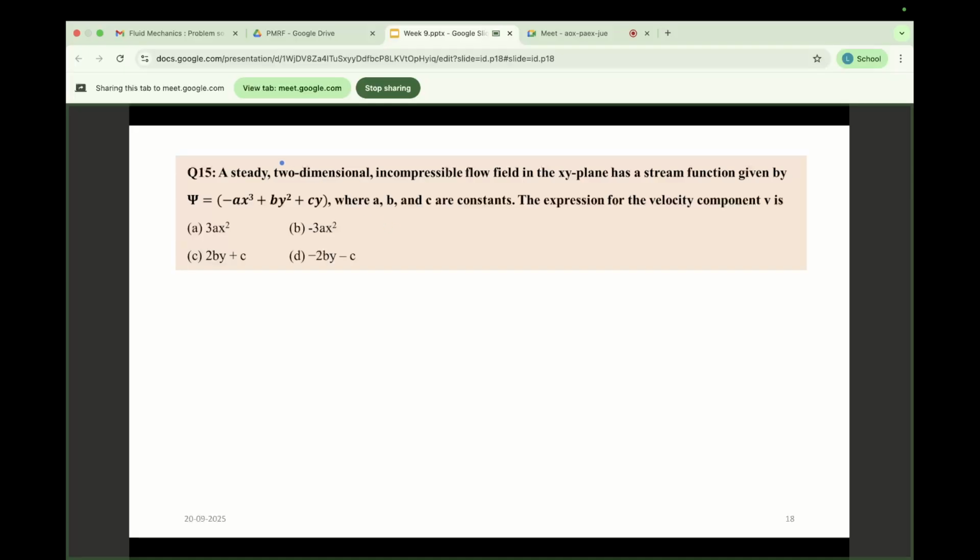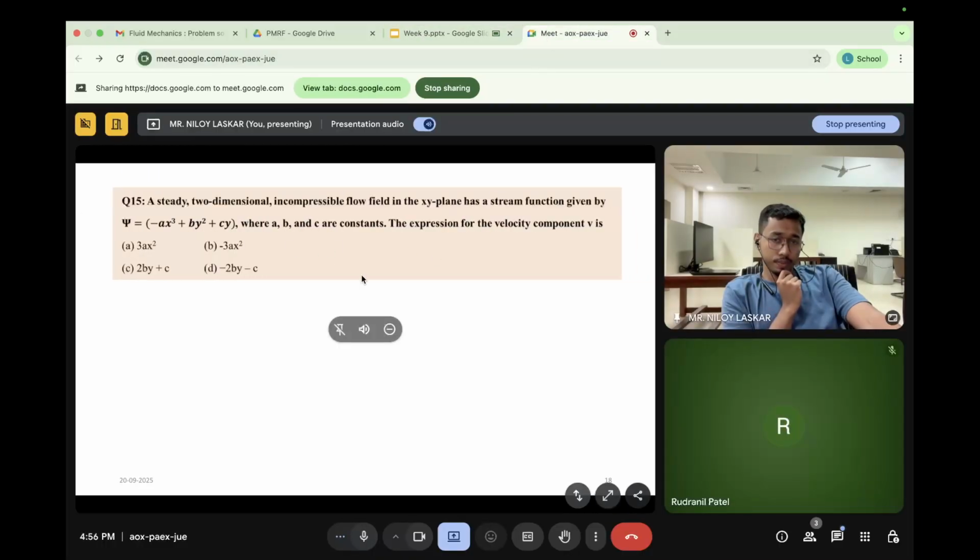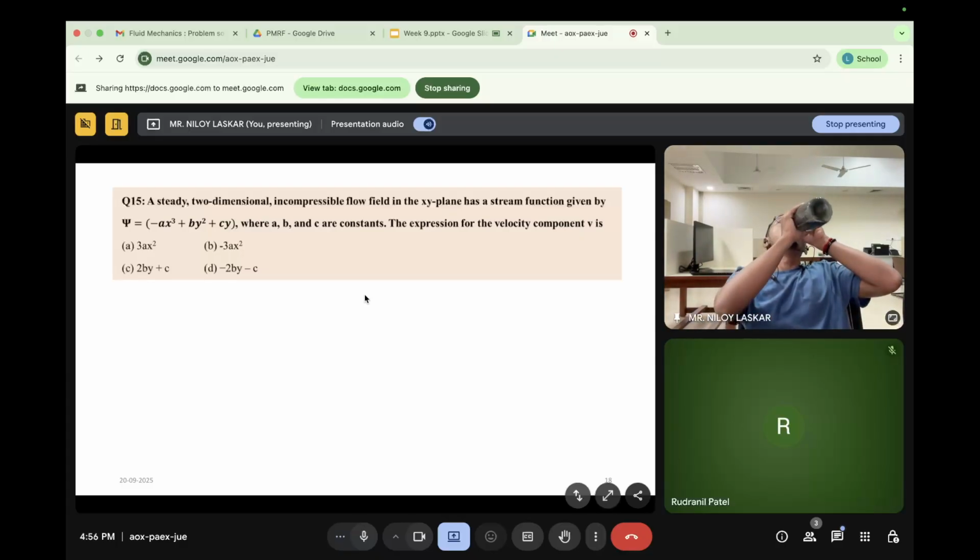I think 1 minute is more than sufficient for this one. Please try to solve this one.